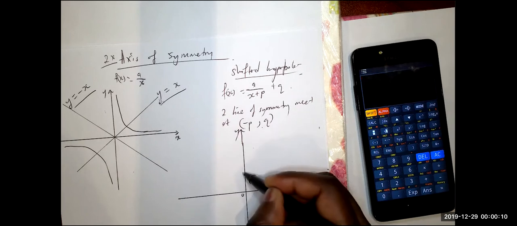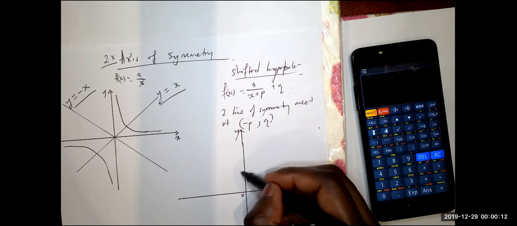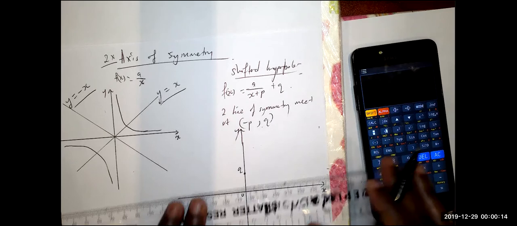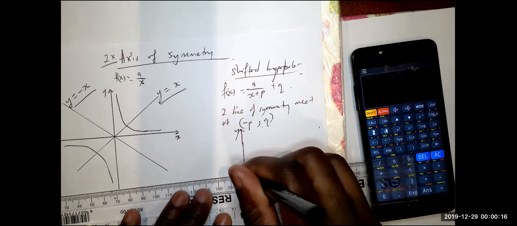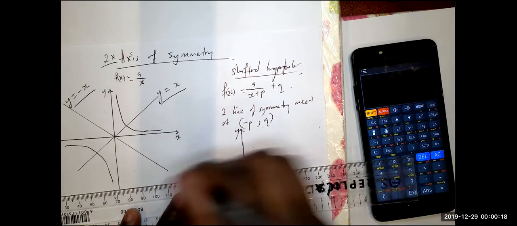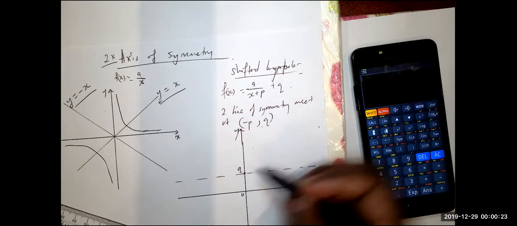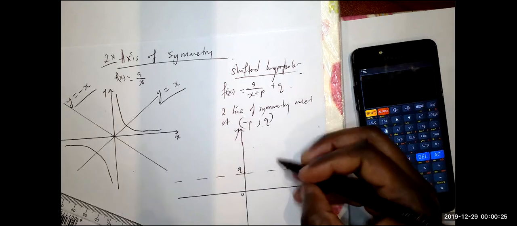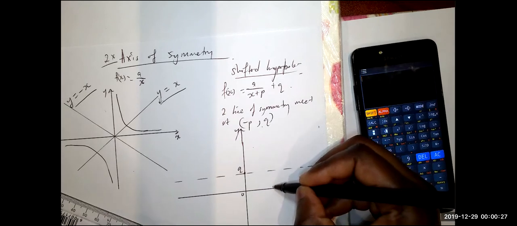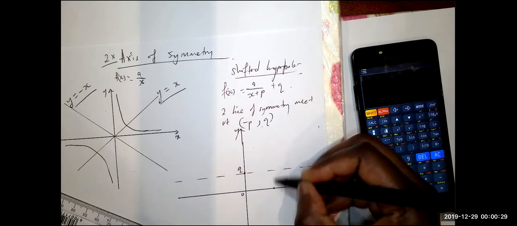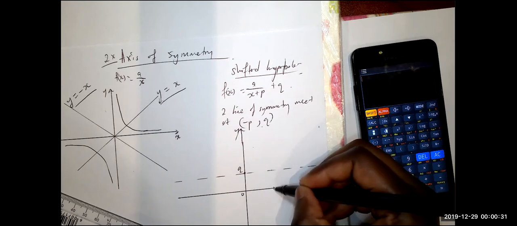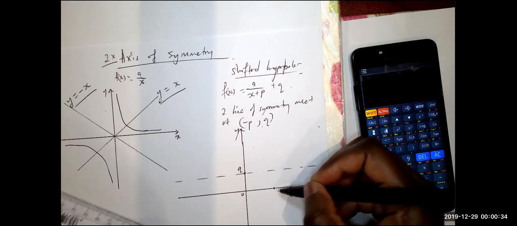Maybe that's our q here. Now if that's our q, let's say our p is somewhere here.